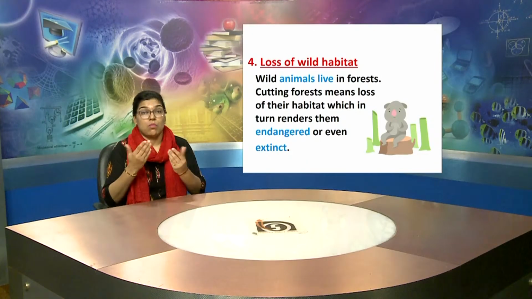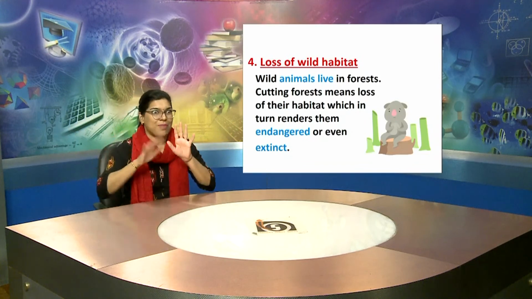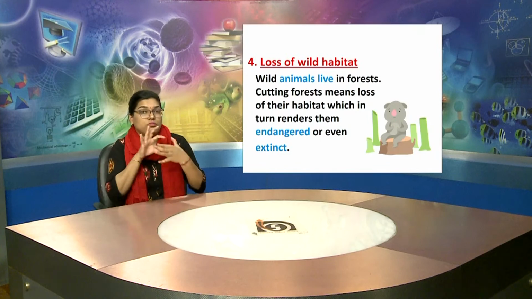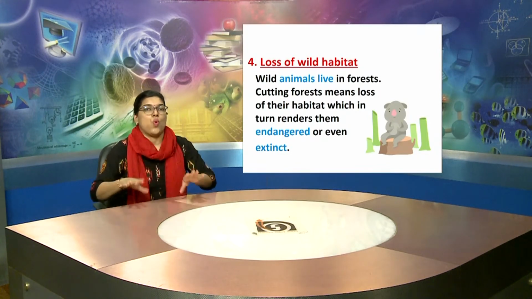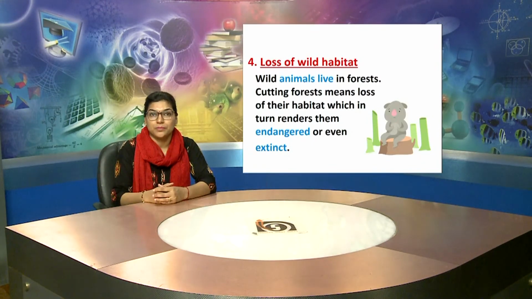And losing a habitat means their life is in danger. And slowly they will become extinct. So that is why cutting forest means loss of the habitat for those animals.